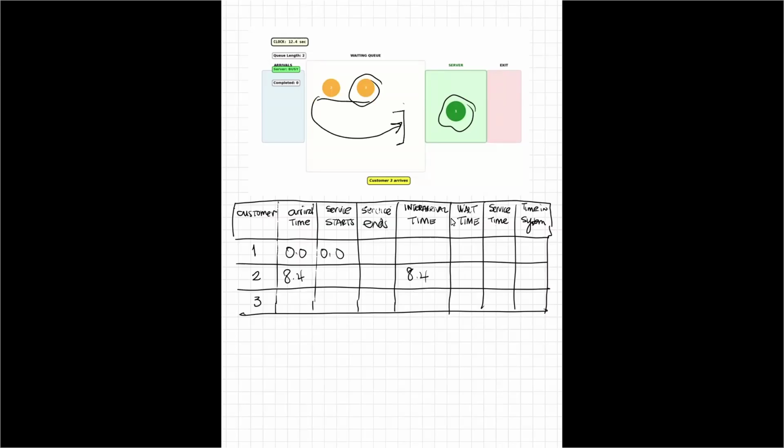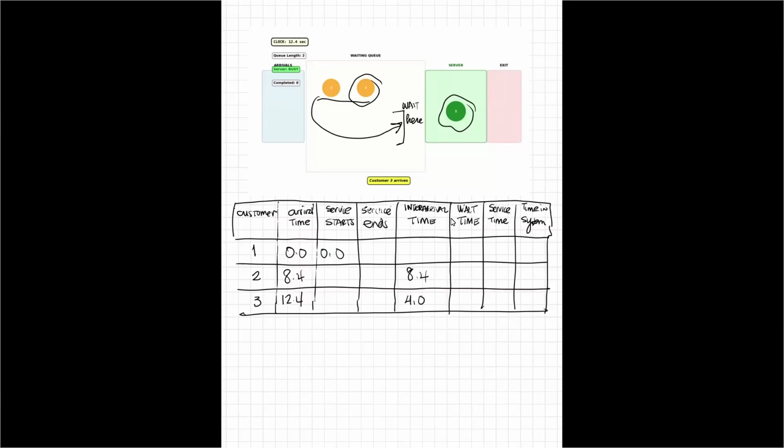Okay, there's a wait sign. So customer 3 just arrived at time 12.4. We haven't started service. We can document the inter-arrival time already, right? 12.4 minus 8.4, that's exactly 4.0 seconds after that.